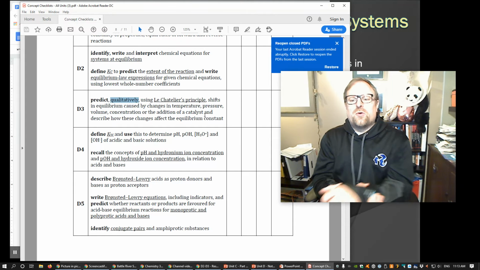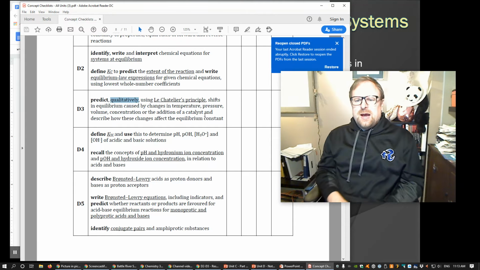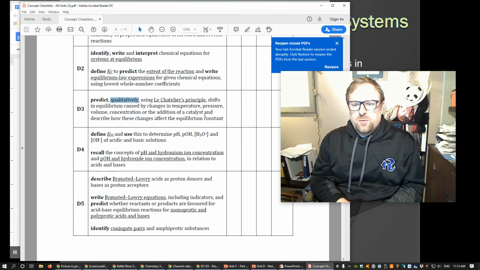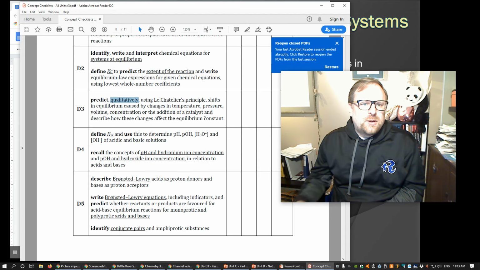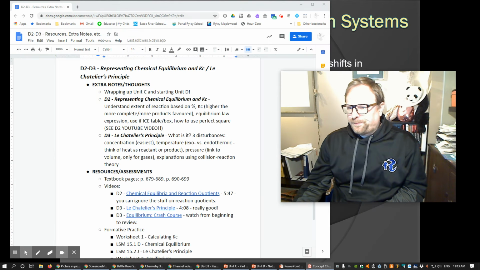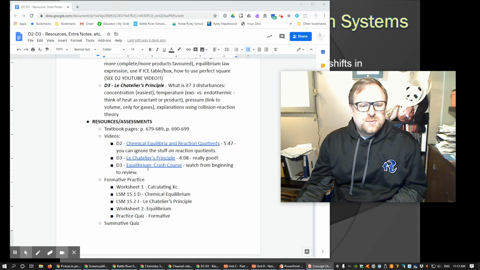I'm going to run through these things with you, and hopefully you'll get a better sense of what we would do in a situation where we disturb a chemical equilibrium in some way.